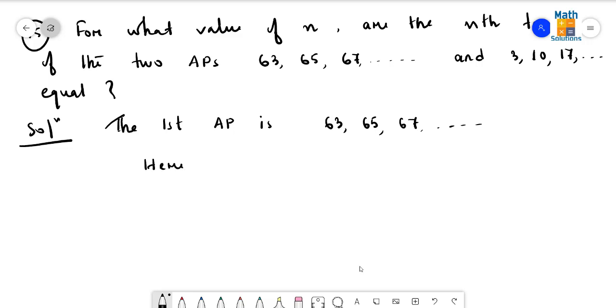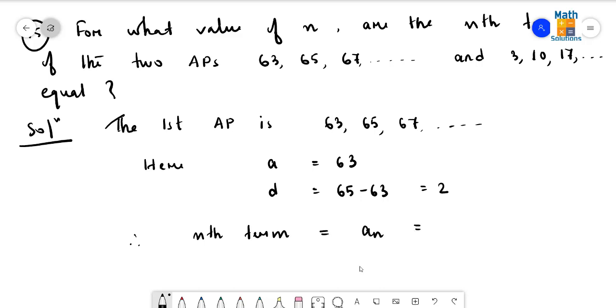Here, first term a is equal to 63, then common difference d is equal to 65 minus 63, that is equal to 2. Then nth term we need to find out. Therefore, the nth term an will be equal to a plus n minus 1 d.